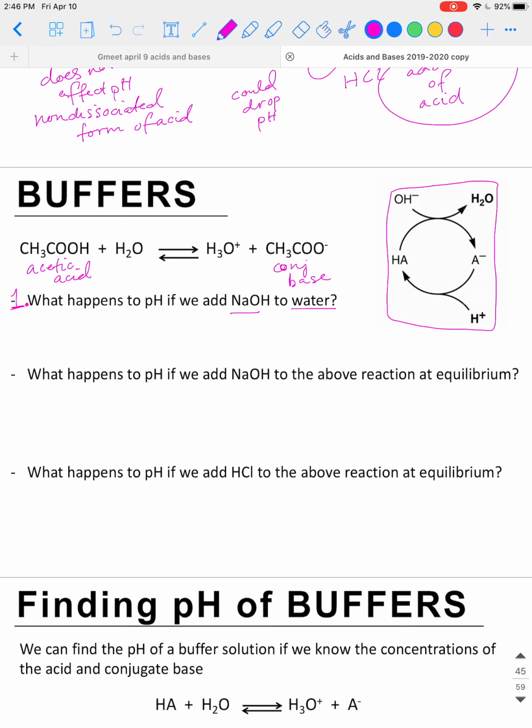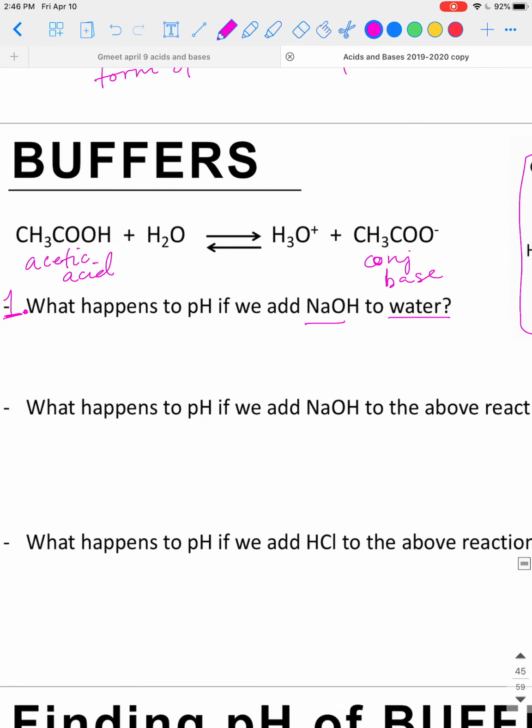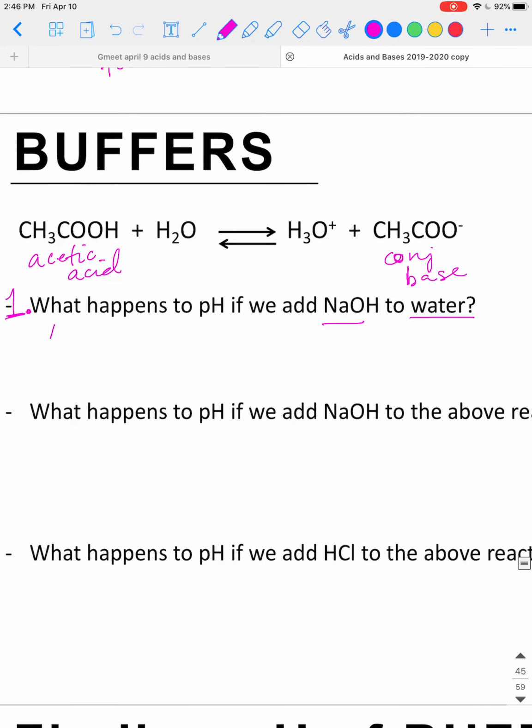So here we don't have a buffer, here we just have water. So what are we working with? Let's write out a reaction for that. NaOH plus water. What's it going to do? This is our base, so therefore water is playing the role of an acid here. Remember, water will get told what to do depending on who's around it.